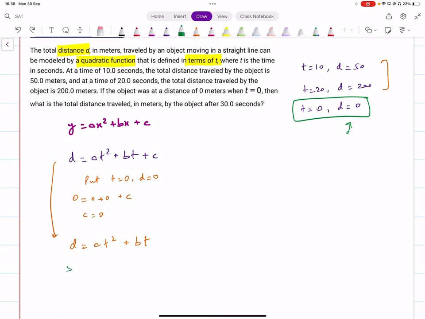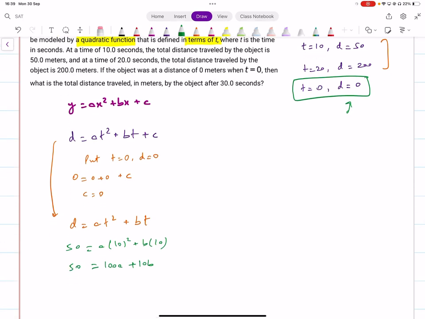If we input 50 first, 50 equals a into 10 squared plus b into 10. That gives us 100a plus 10b equals 50. If we divide by 10, we get 10a plus b equals 5.